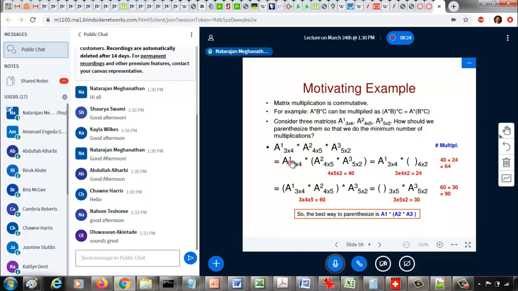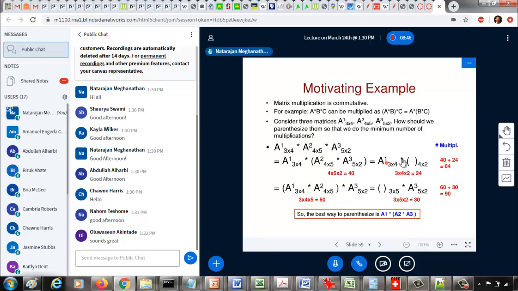So now we are going to multiply A1 with that product matrix. A1 is a 3 by 4 matrix. The product is a 4 by 2. If you multiply them, the number of multiplications is going to be 3 times a common dimension 4 times this 2. So it's going to be 24 multiplications.